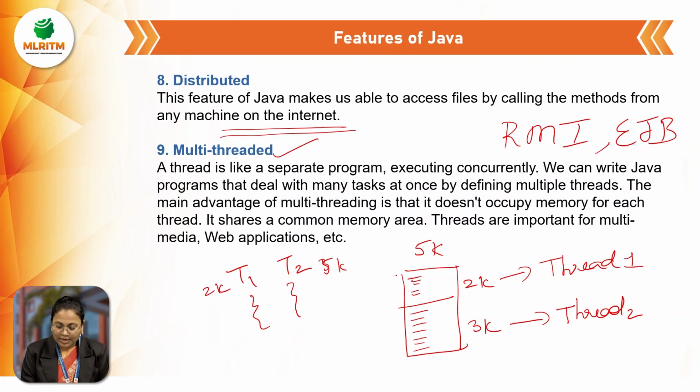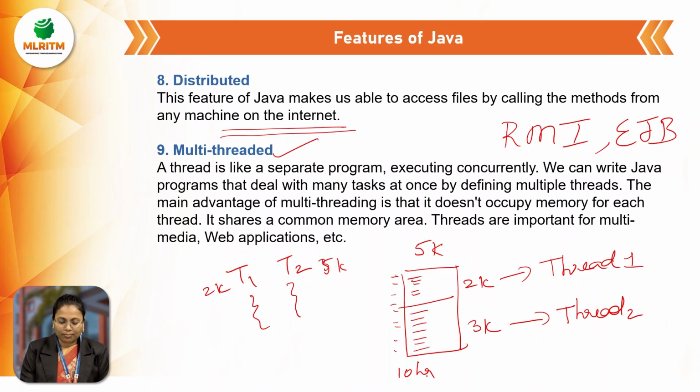Initially, without multi-threading, the code has to be executed line by line. Let's say it will take some 10 hours to execute a single Java application. So buffering time increases, and people don't like to use an application that takes so much time for loading.